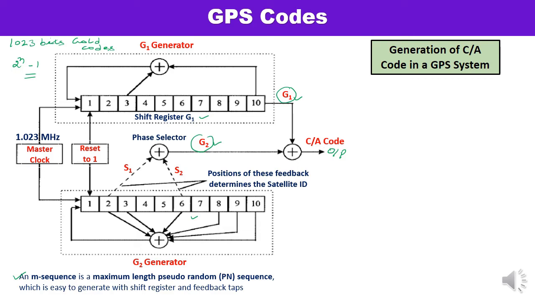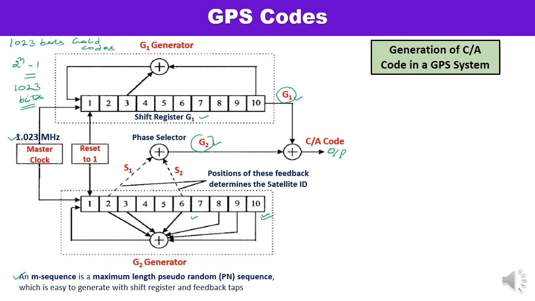It means these PN sequences will be 2 raised to the power 10 minus 1, that is 1023 bits, right? And the clock rate for the C/A code is set as 1.023 megahertz, so that each sequence lasts for 1 millisecond, because the PN sequence length is 1023 bits.